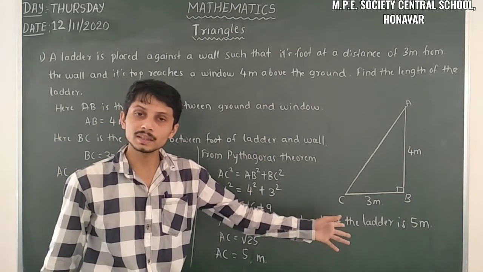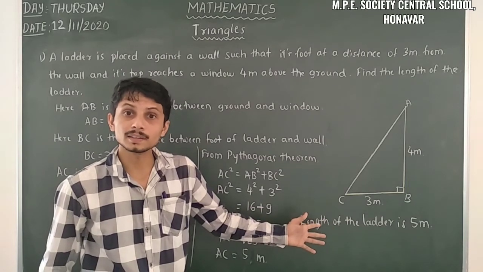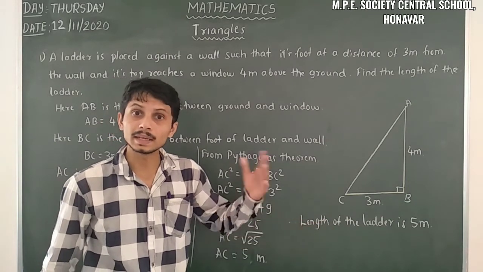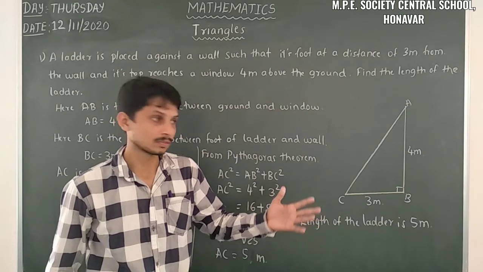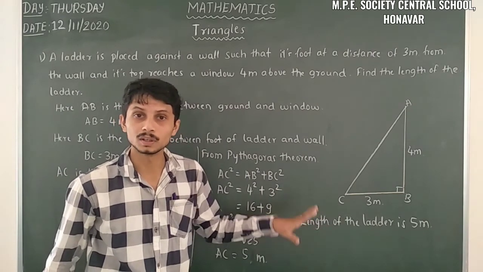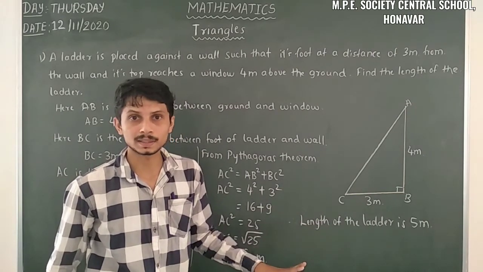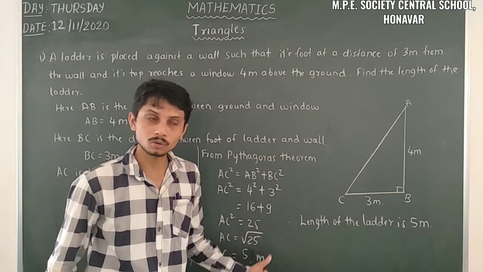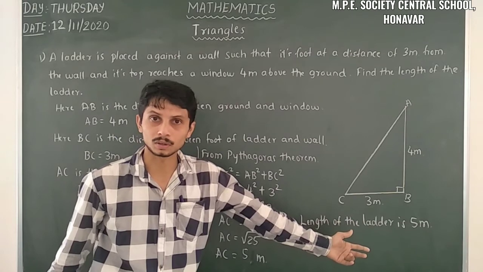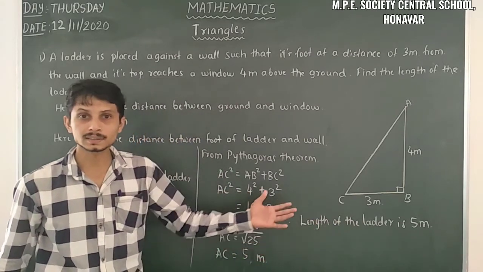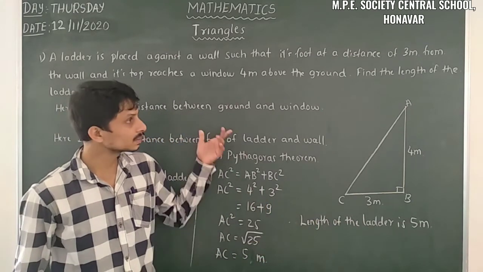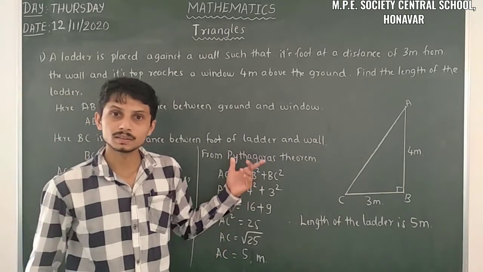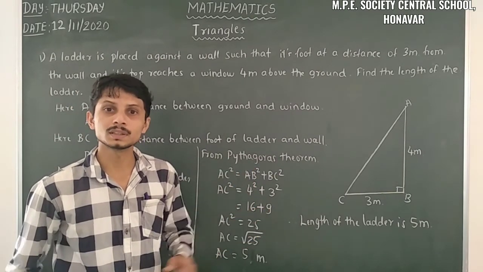We already know that this is a Pythagorean triplet. In 8th standard we learned that 3, 4, 5 is a Pythagorean triplet. Because of the Pythagoras theorem only we got that, so we consider it a Pythagorean triplet. So this is the solution of this problem.